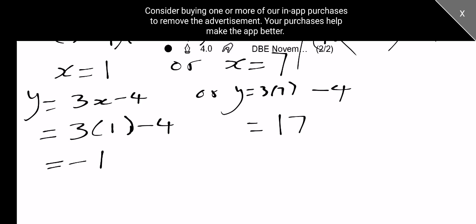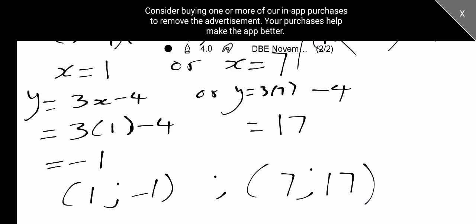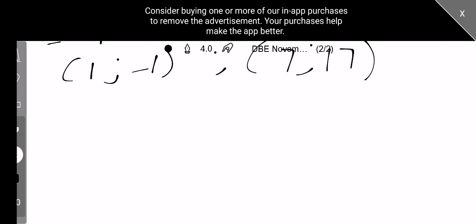So these are our two y values. Let's write them in coordinate form. It's 1 and -1, and 7 and 17. Sorry about that, guys. Now let's move on to the next question.